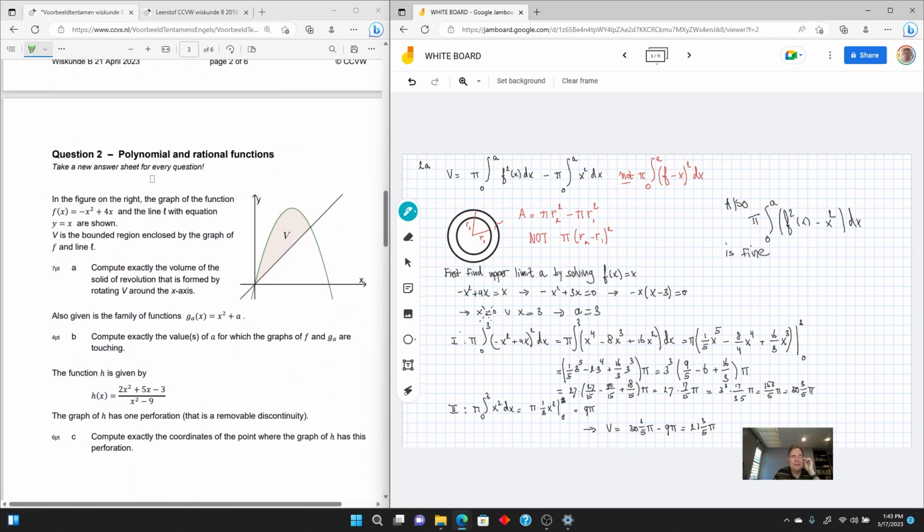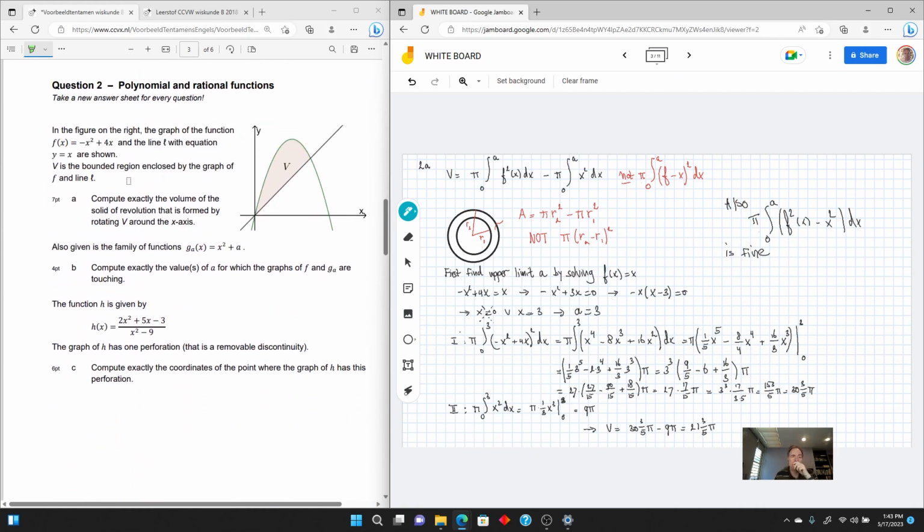Let's see. We have a polynomial function given here, and a line L with equation y is x. And there is a bounded region enclosed by f and the line L. Okay.